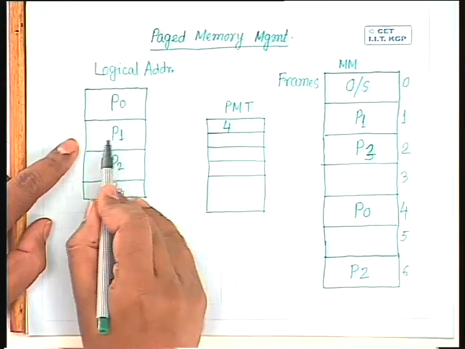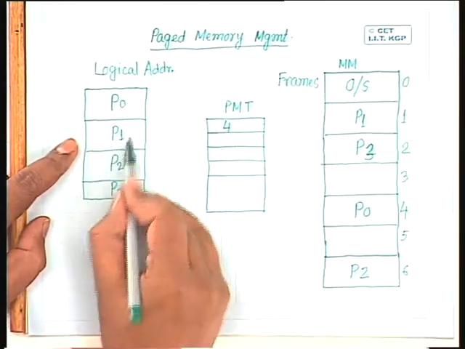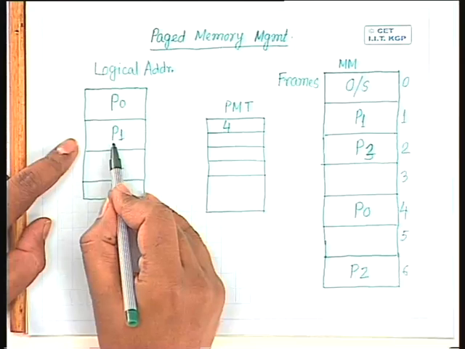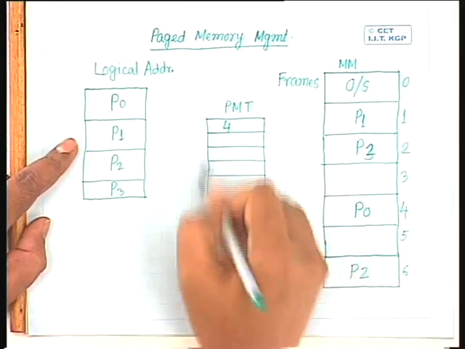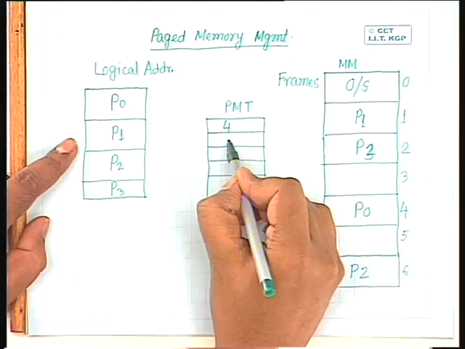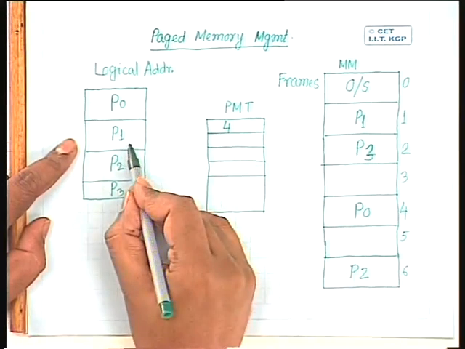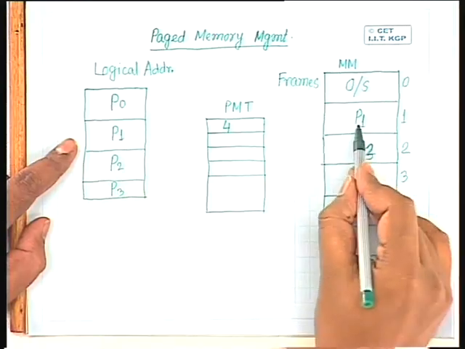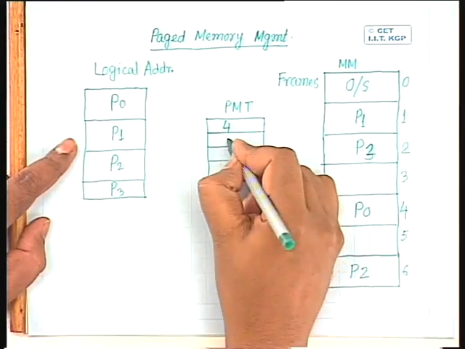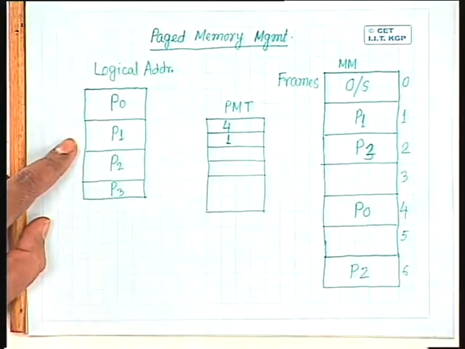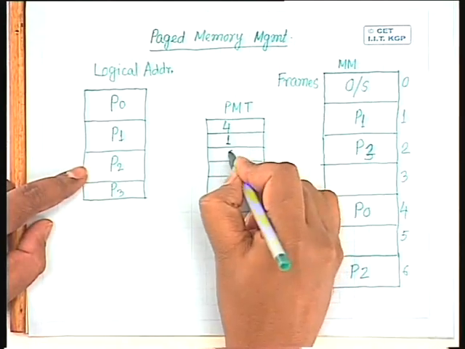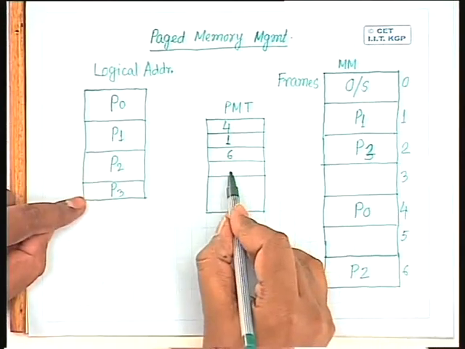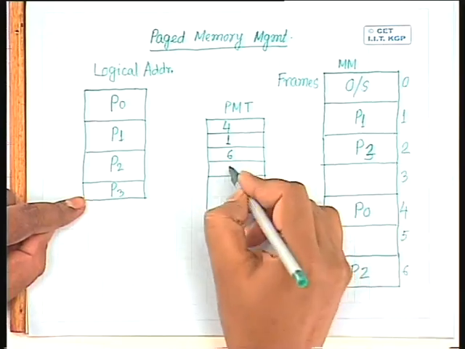Then when the CPU generates an address in page number 1, following this page number, the next entry in this page map table will contain the frame number where page number 1 is loaded. In this case, page number 1 is loaded into frame number 1, so this entry will contain frame number 1. Similarly, the next entry will contain frame number 6, and the 4th entry will contain frame number 2.